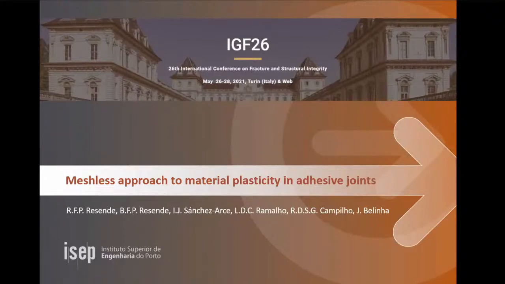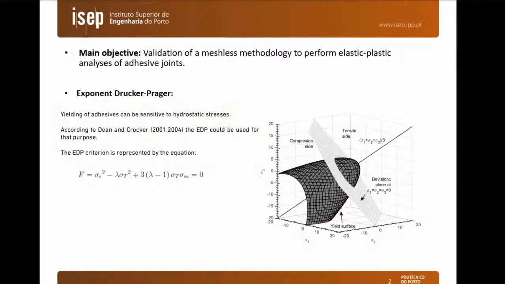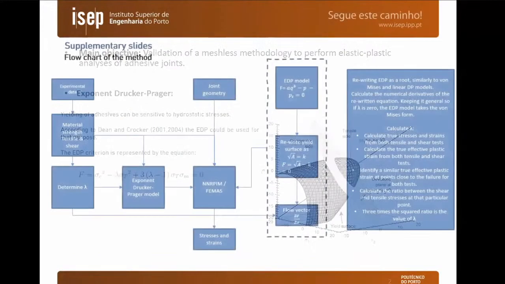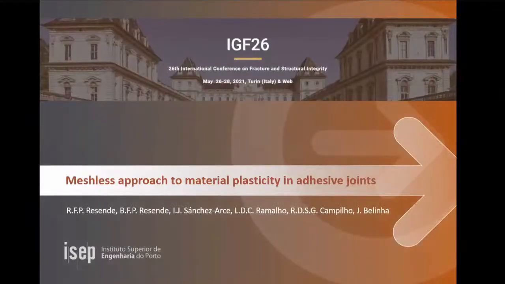First of all, the common numerical technique for analyzing adhesive joints is the finite element method, which is easy to obtain, commercially available, etc. However, meshless methods have some advantages, mainly for complex joints, complex geometries.